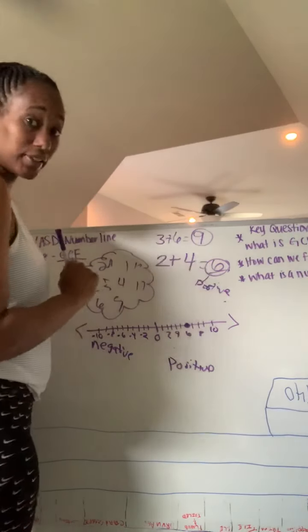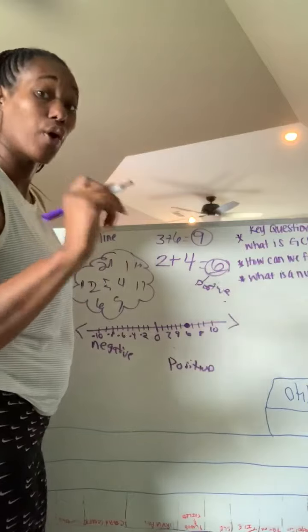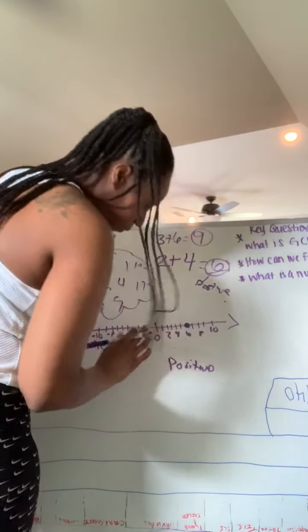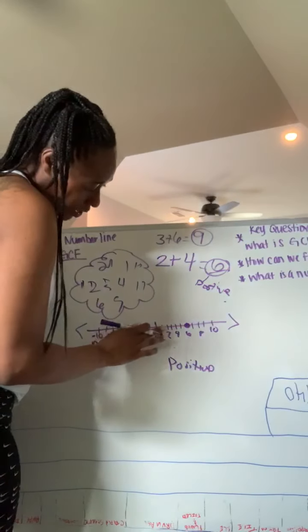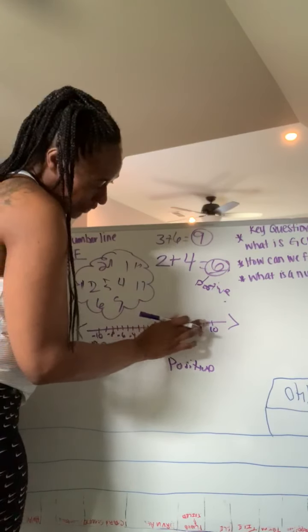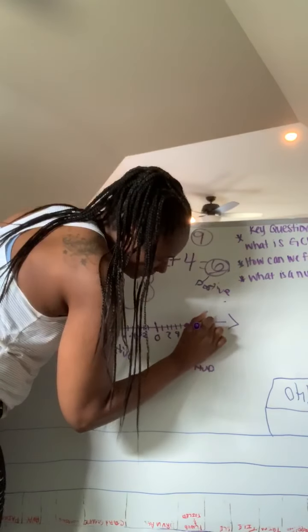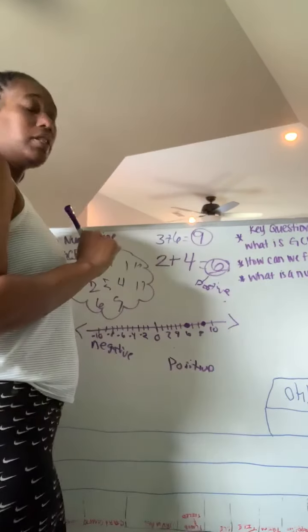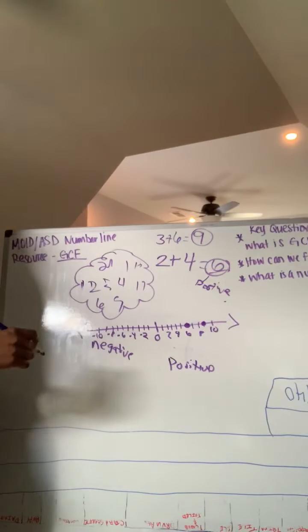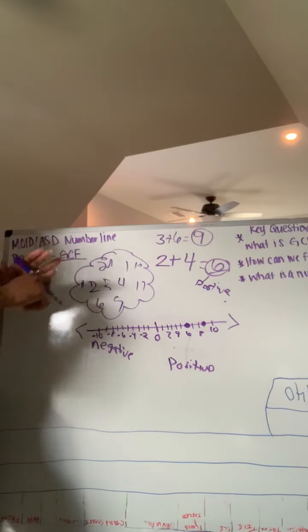We know that it's positive, so it's going to be on the right side. We find 9, we come here and count. 1, 2, 3, 4, 5, 6, 7, 8, 9. We put our dot right here. This is letting us know that 9 is right there on the number line.